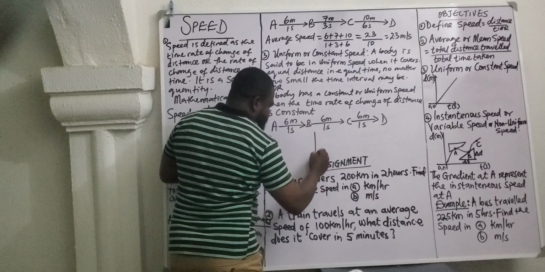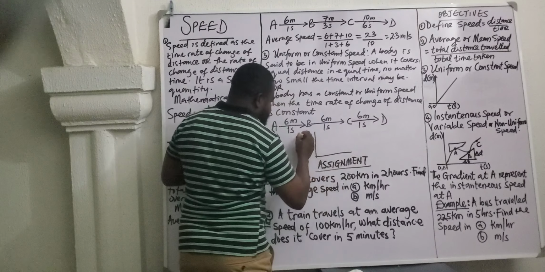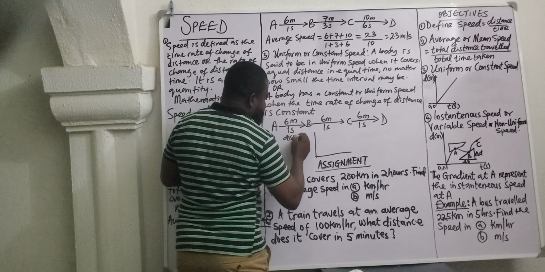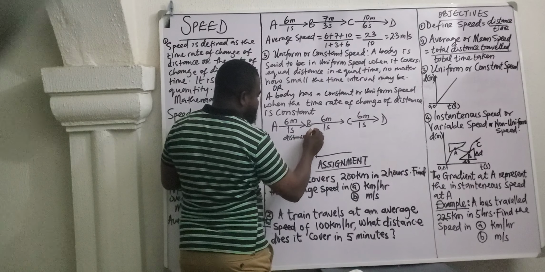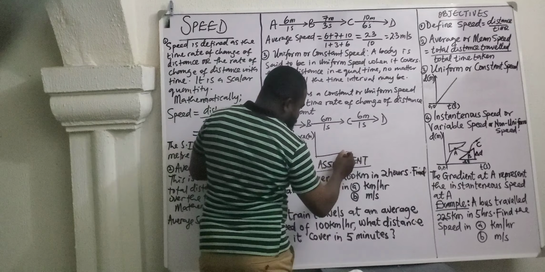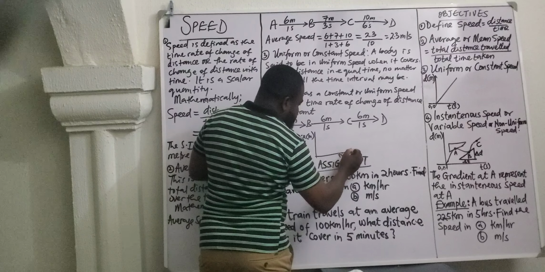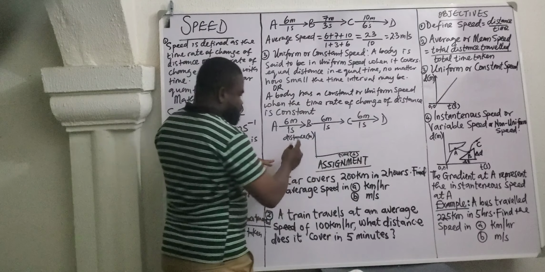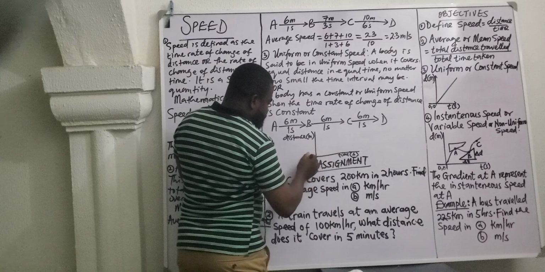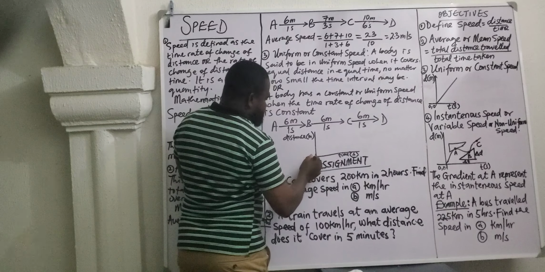Let's take the graph. This is a graph. Distance in the vertical axis. The unit of distance is meter, against time in the horizontal x-axis. The unit of time is second. So this is a distance time graph. The origin is 0, 0.